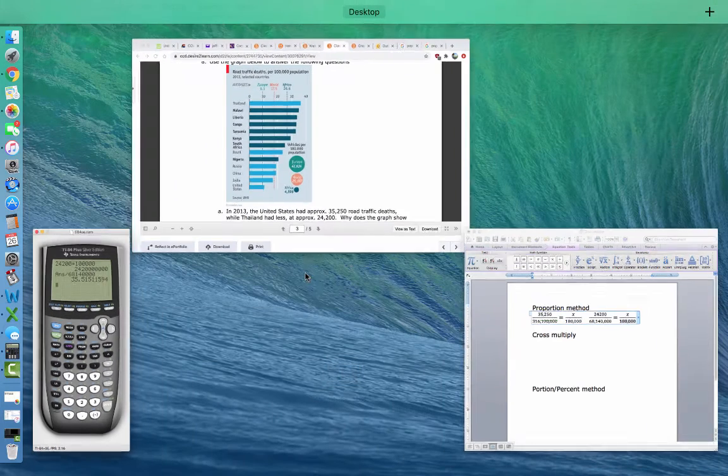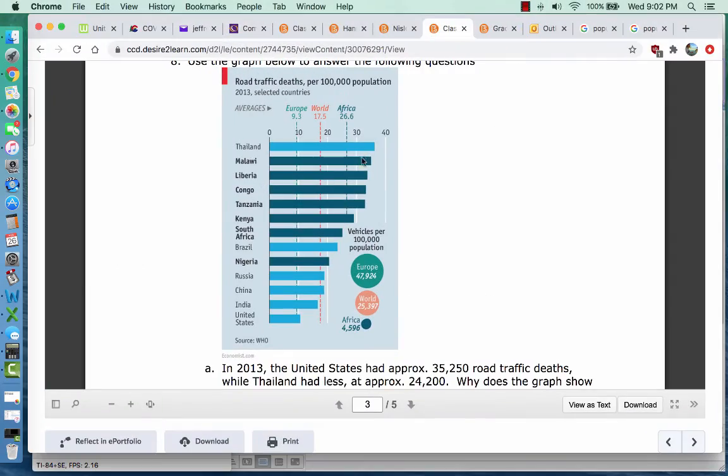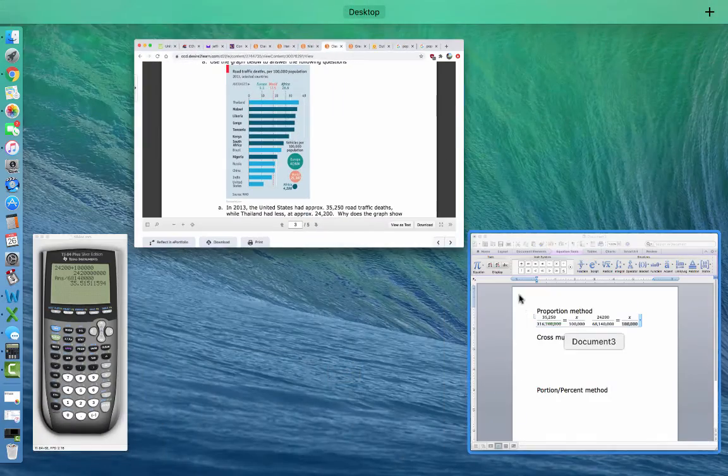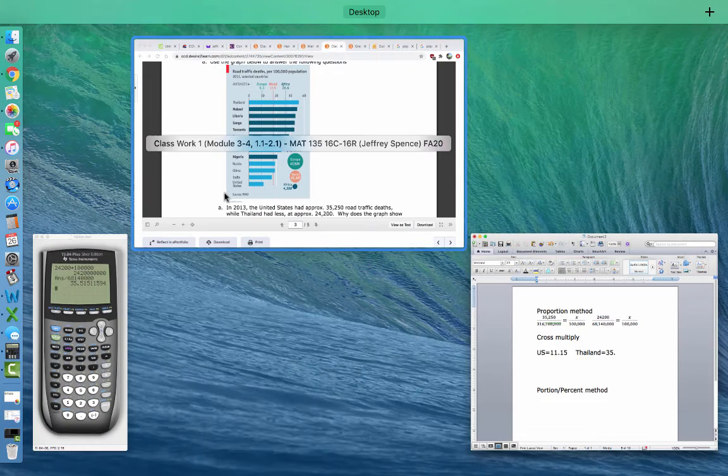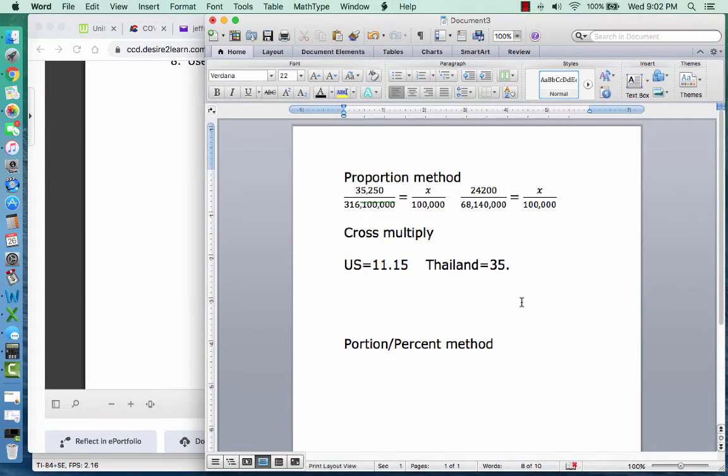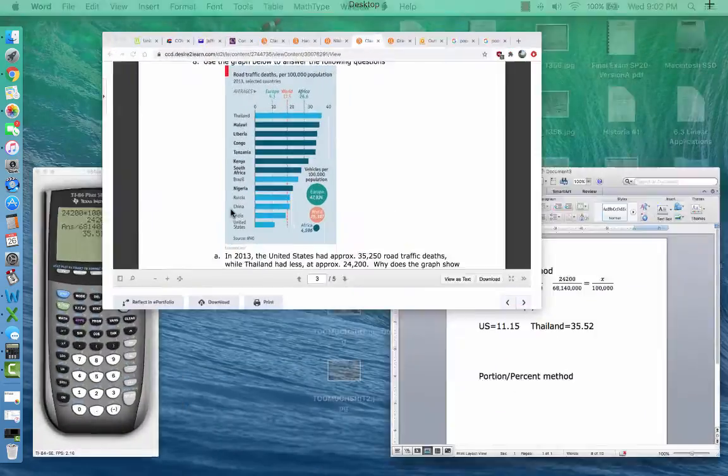Okay, and you'll see, let me write these results, that Thailand is right at 35.5. Okay, so to show the US is at 11.15 or whatever it was, and Thailand is at 35.5, basically 5.2. And that's where they are on the graph.